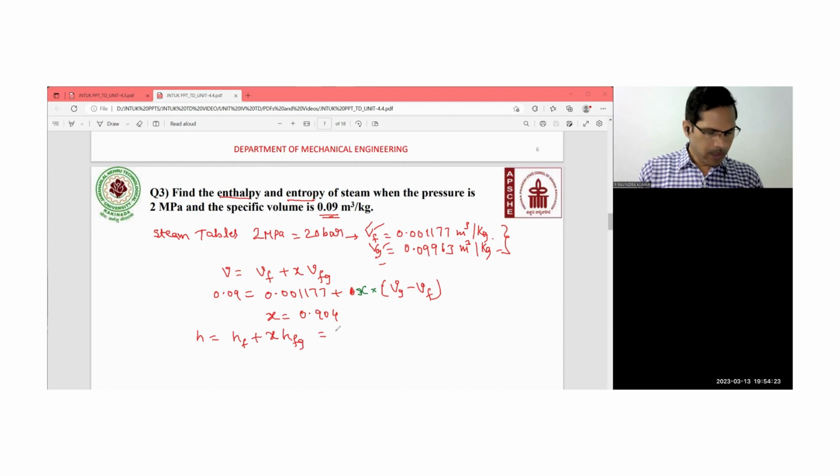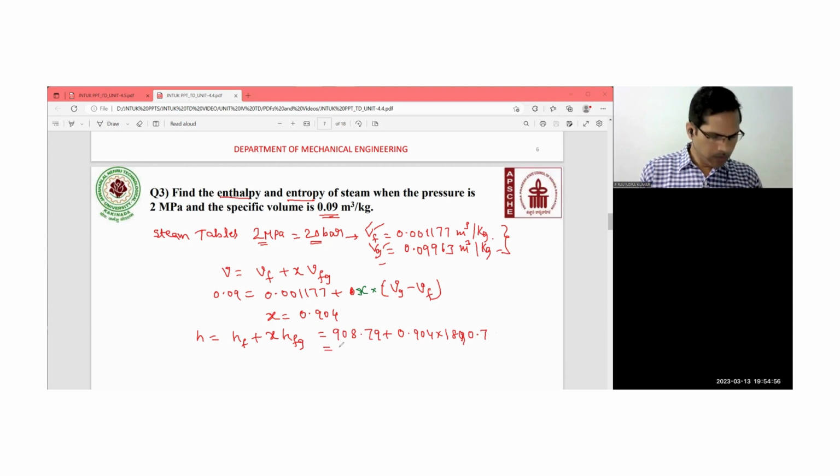So Hf at 20 bar, 2 megapascal, from the steam tables is 908.79, plus x value 0.904 into Hfg value 1890.7.